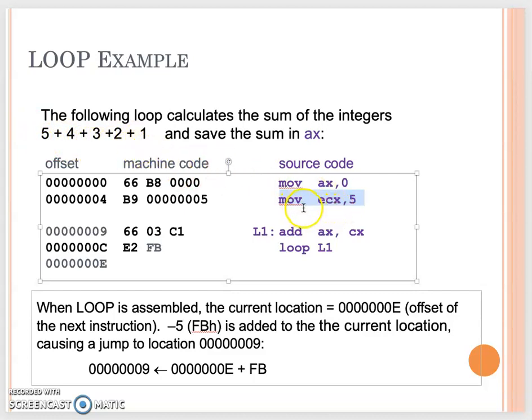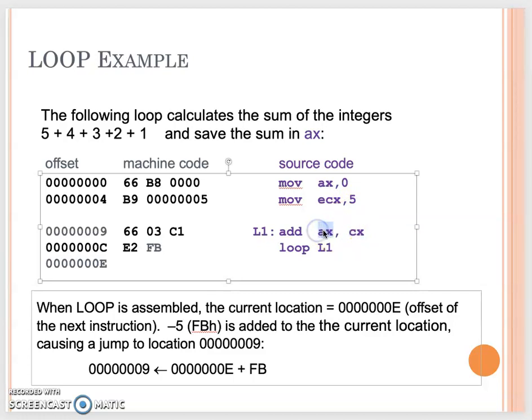After I move 5 into ECX, every time I just add the value to AX, because I make the sum AX. I still use the ECX value for the counter. Since I have 5, I'm using this 5 to add 5, 4, 3, 2, 1 to AX.